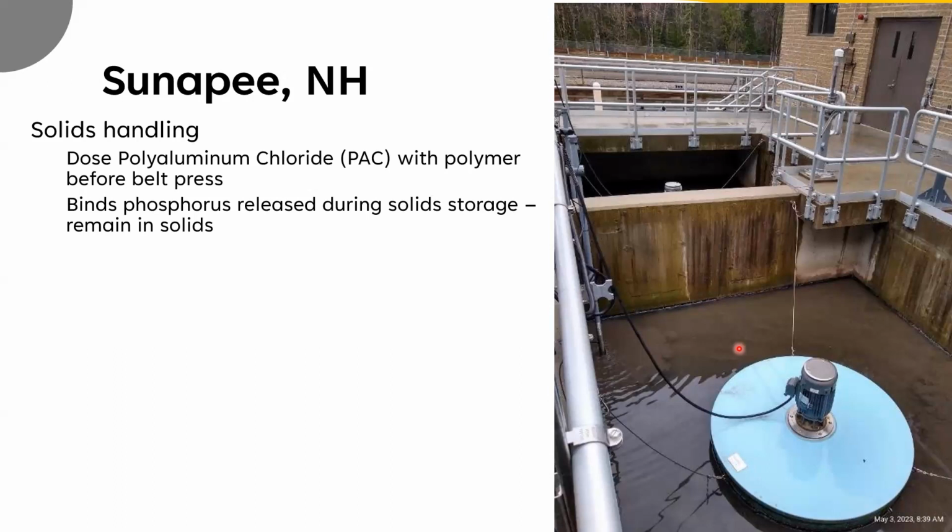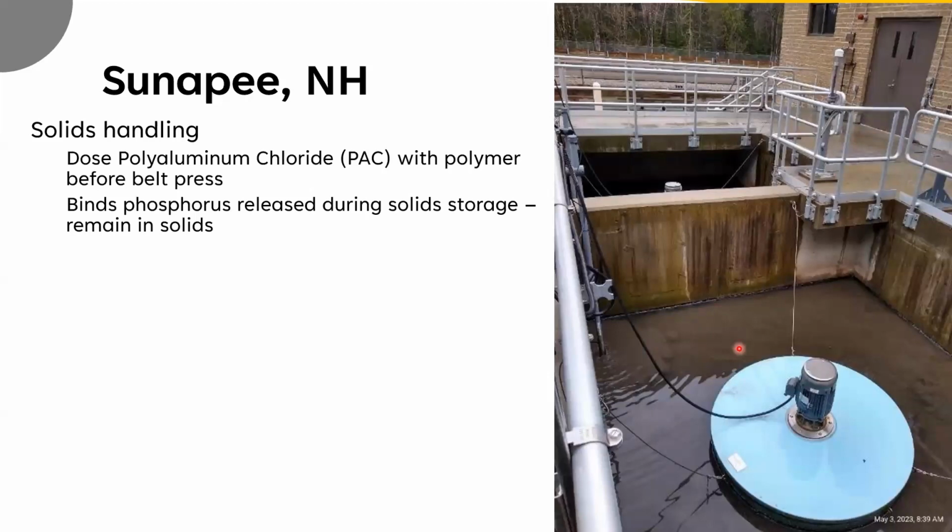They've also done some unique things in solids handling, which is why I bring it up here, because it's not just optimizing the biology of your plant, it's optimizing the entire operation. So the solids handling at Sunapee, they did some jar testing after finding that the return flows from their belt filter press were really high in phosphorus.